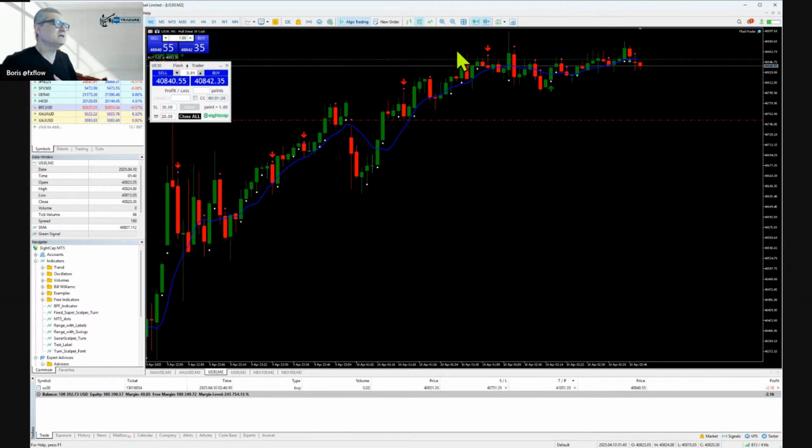US 30 is definitely in an uptrend. I have a kind of bogus swing trade in US 30 just because I had put it on before we opened, but we don't really have any true signals.